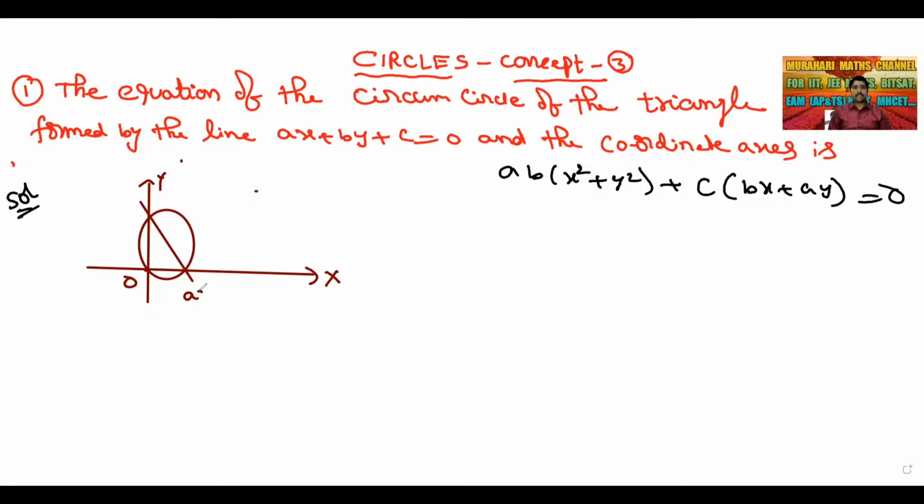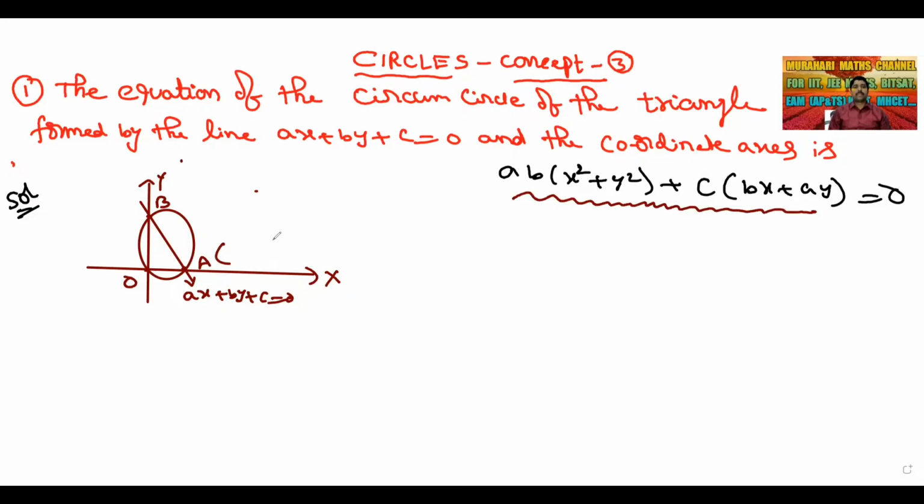What is the line? ax plus by plus c is equal to 0. This line intersects the x-axis at A and the y-axis at B. So our target is the equation of the circumcircle.